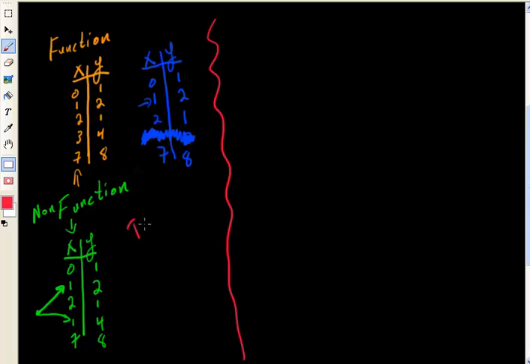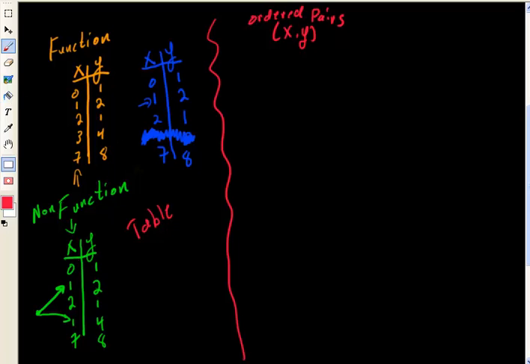Alright, so this is our table format. The other one that we have is called our ordered pairs. And that's basically using the x comma y method.